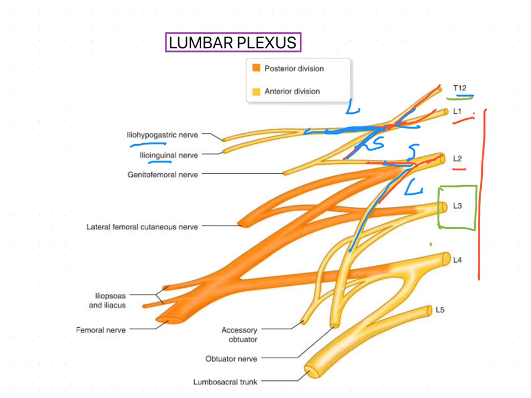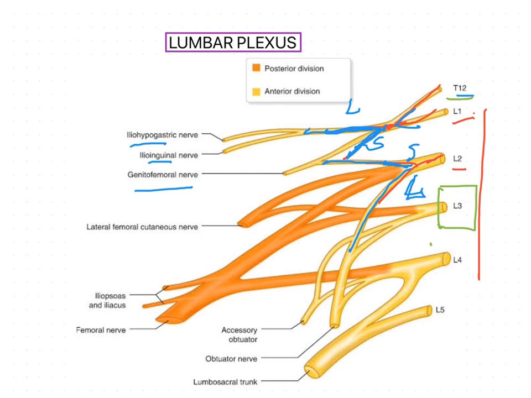Now the L1 smaller division and the L2 upper smaller division unite to give a branch called the genitofemoral nerve.